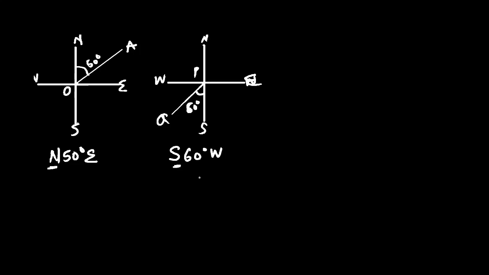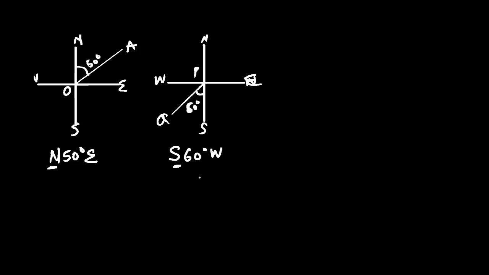From south. It is going to be a compass bearing when you are having two reference points. When your reference points are north or south, you are dealing with compass bearing. Am I making sense now?